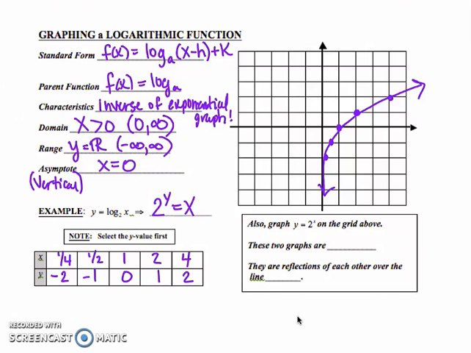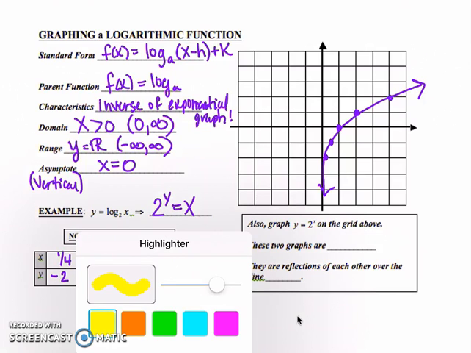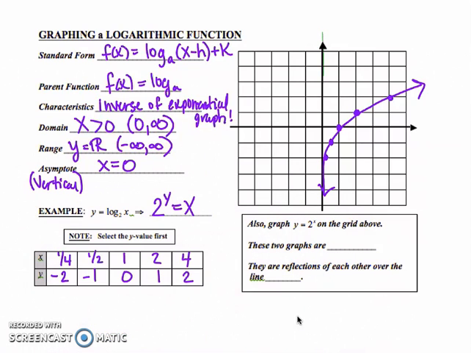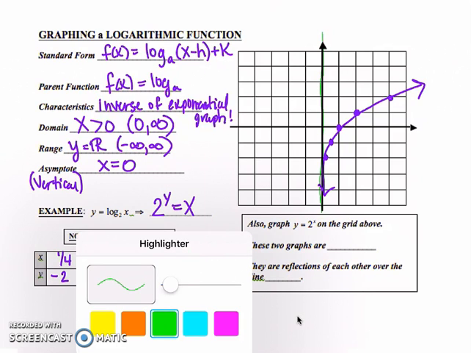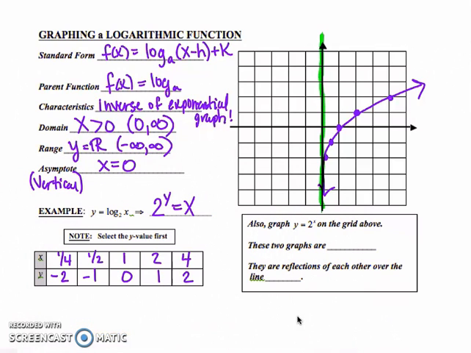So there's the graph of my log function. And I'm going to try to make it a little skinnier here. I have a vertical asymptote right here on my x-axis. There it is.